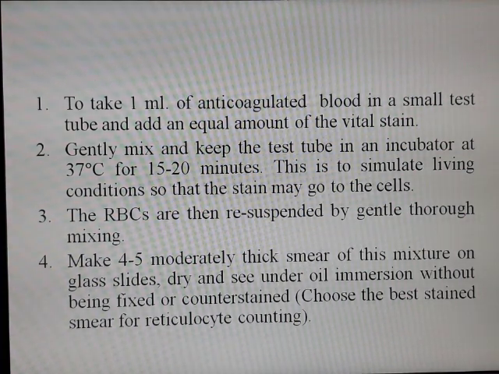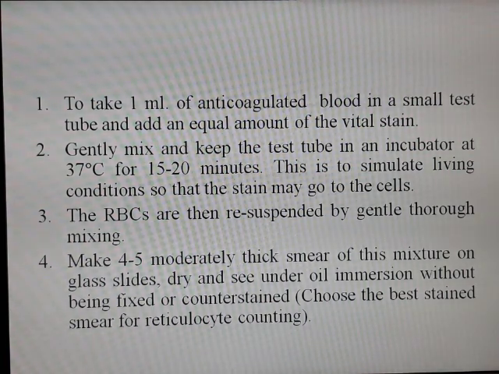Then we can take a syringe and draw 1 ml, and then place the 1 ml of blood that we have collected in a test tube, and add an anticoagulant such as EDTA, and then in the same test tube we have to add an equal amount of the supravital stain.